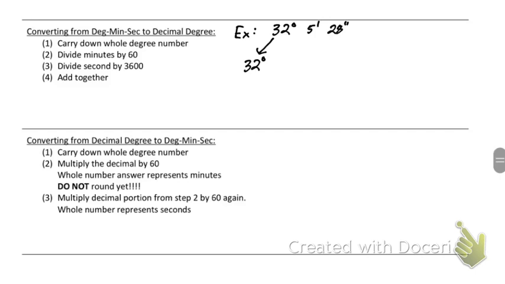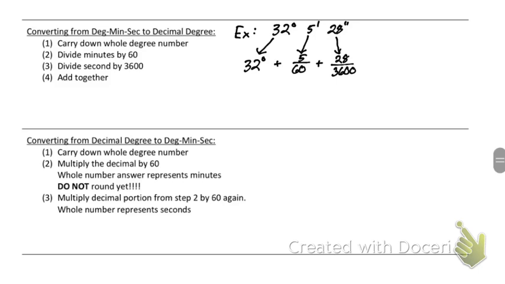Then we're going to divide minutes by 60, and we're going to divide our seconds by 3,600. So we're going to take this 5 and divide it by 60, and we're going to take that 28 and divide by 3,600. Really, you just have to remember the 60 and the 3,600, and all you're going to do is add those together.